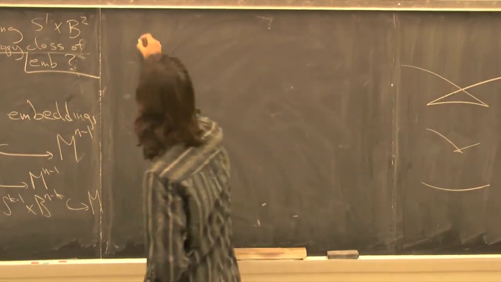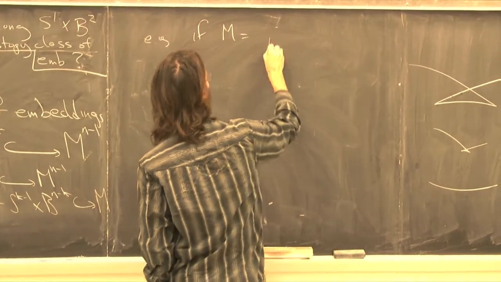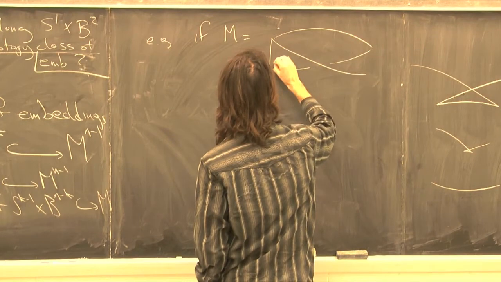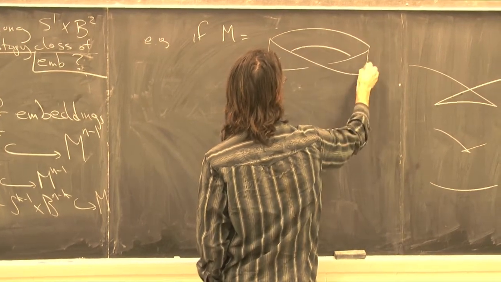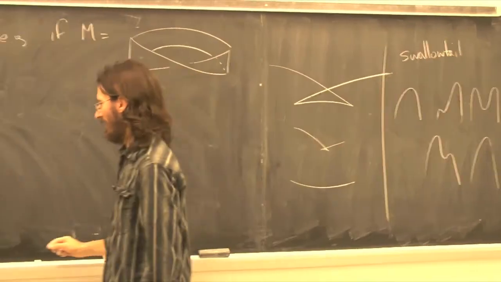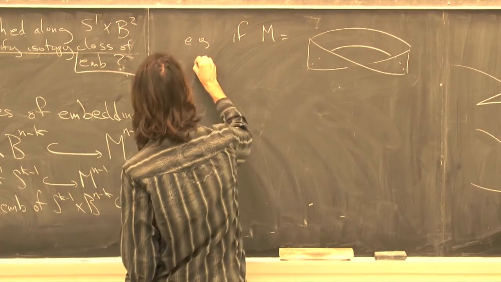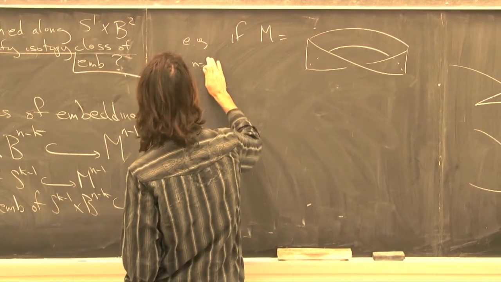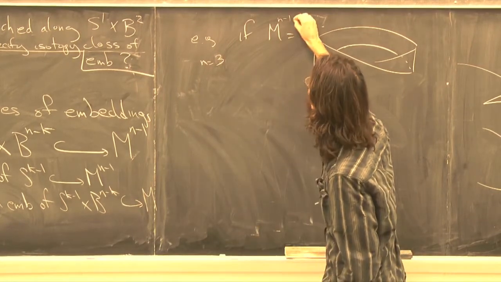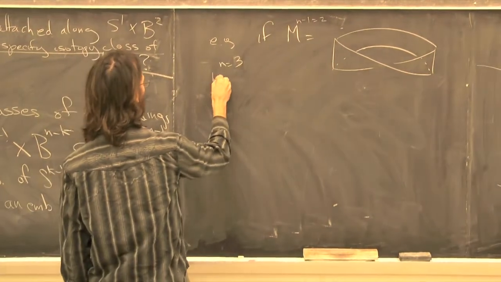So, for example, if the manifold is the Mobius band, then n equals 3, n minus 1 is 2, and k I want to equal 2.